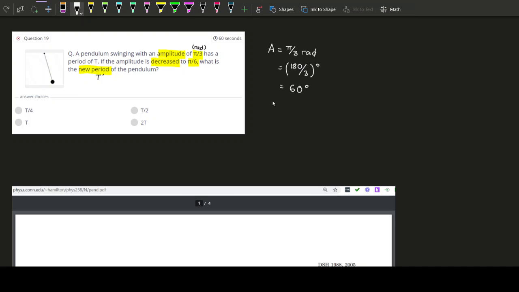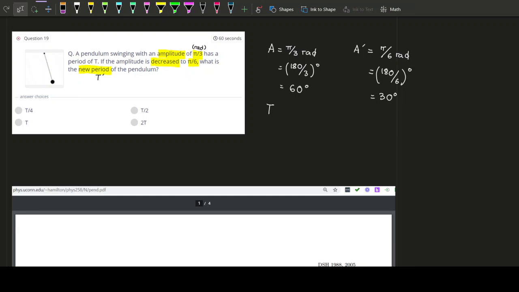Initially you have a pendulum swinging at 60 degree, and the period at that moment was capital T. After that, through some transformation, your amplitude has decreased to pi over 6 radian, which if we calculate, equals 30 degree. So the amplitude of the oscillation of the pendulum decreases from 60 degree to 30 degree.